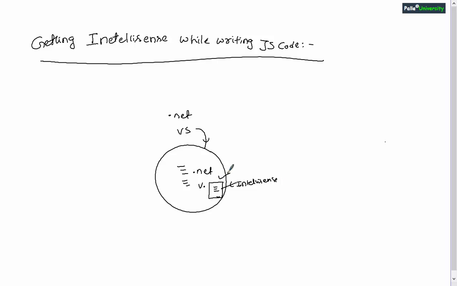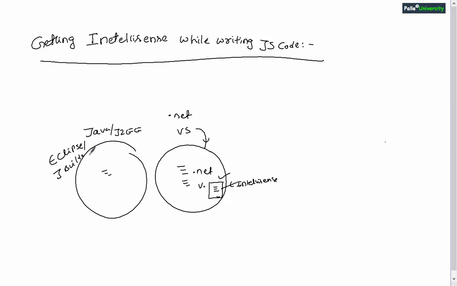Similarly, if you are a Java J2EE developer, you will usually be using maybe Eclipse or JBuilder or some other software, and when you are writing Java code in these editors, again when you type a variable name and a dot, you will get IntelliSense support, and hence writing the code using these editors or IDEs is very simple.